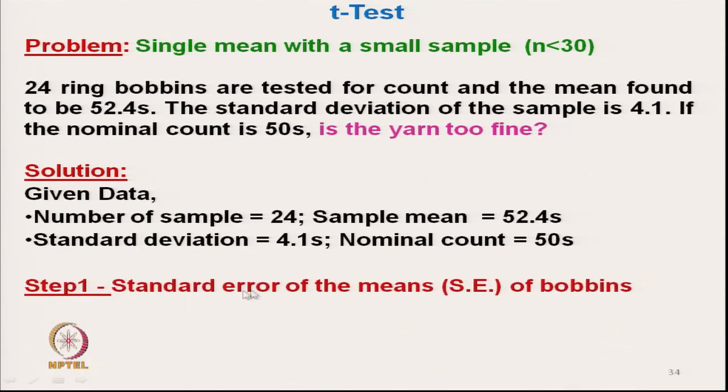So, standard error of the mean of the bobbins is calculated with the same formula, standard deviation divided by the square root of n. Here the standard deviation is known and the number of bobbins is 24. So, the standard error is calculated as 0.837.